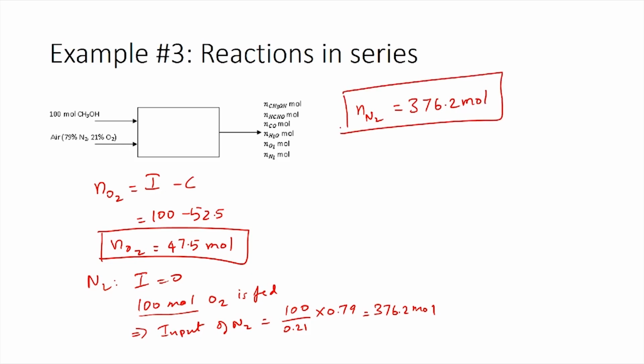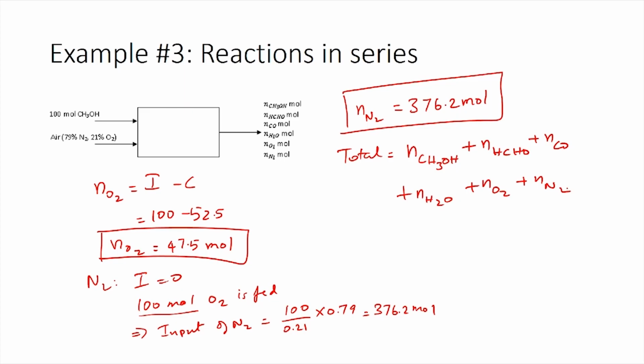Now that we have the number of moles for each of the components in the system, we have to calculate the mole fractions. Total number of moles in your product gas would be N_total equals N_CH3OH plus N_HCHO plus N_CO plus N_H2O plus N_O2 plus N_N2.